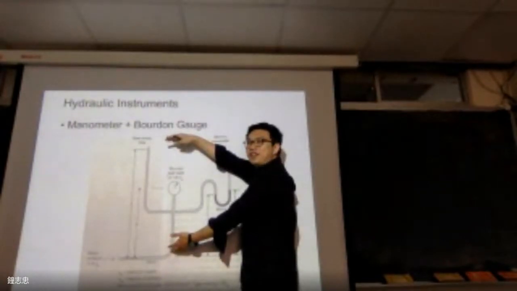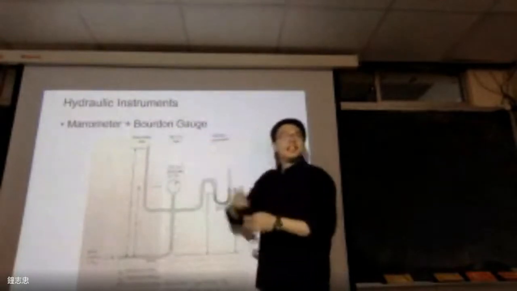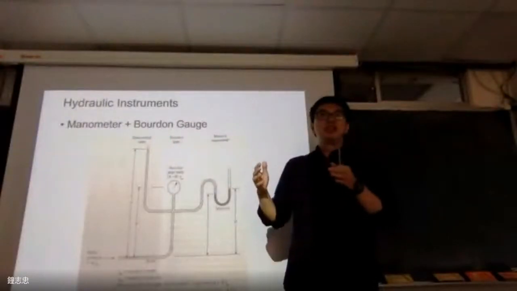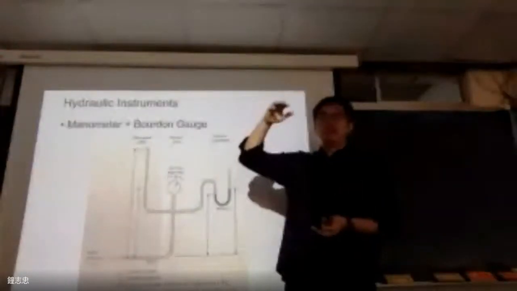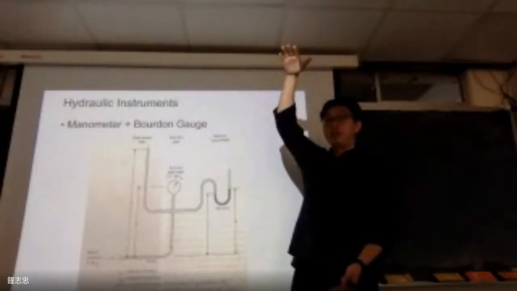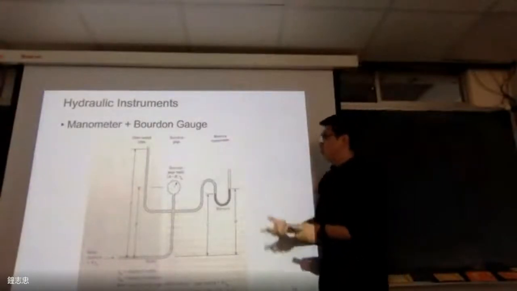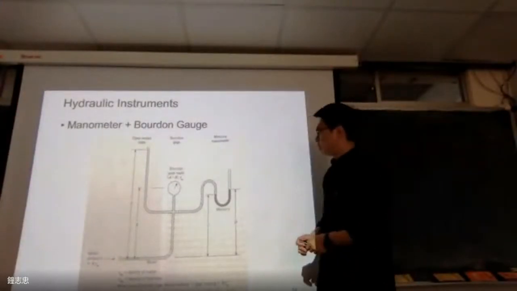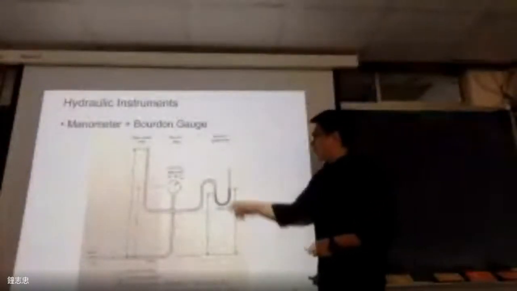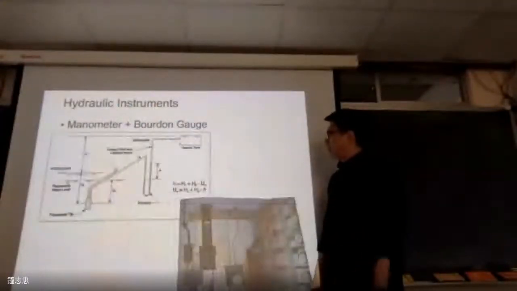Some of you know. The water head in terms of pressure is just presented as different meter heights of water. It's a very simple idea. It's called the pressure head, or the head of the water. So this is the idea of the manometer with the Bourdon gauge.